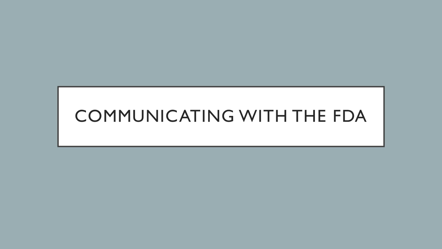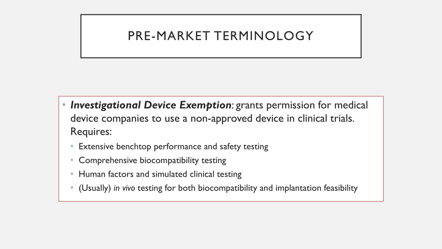I'll first touch on some key pieces of terminology that I think are necessary to understand a little bit about this history. So when companies are pursuing any pre-market submission, a big pivotal moment is going to be the investigational device exemption that has applicability in a lot of the different pathways for medical device development.